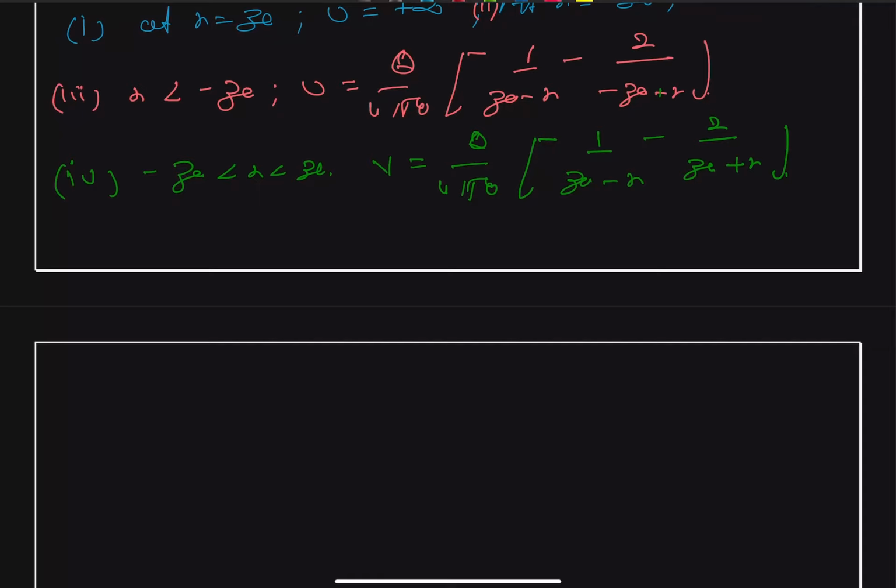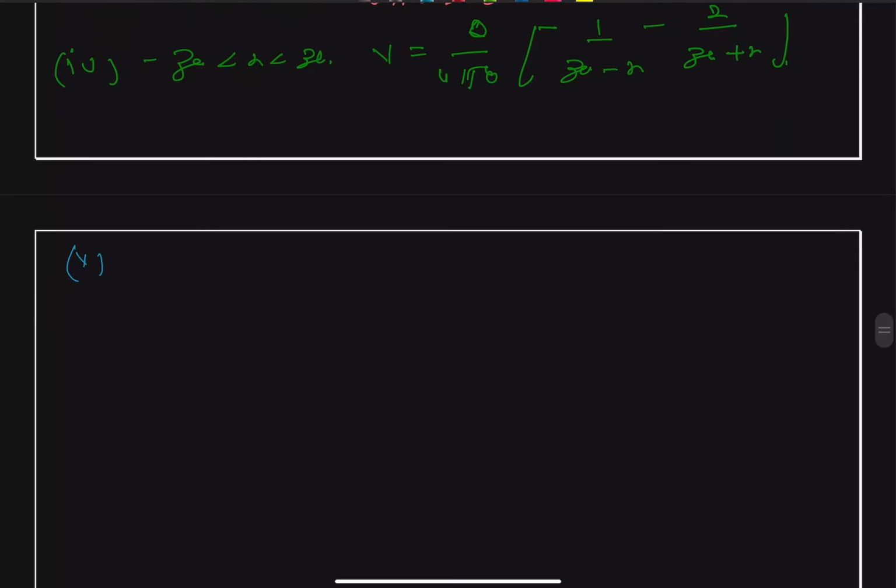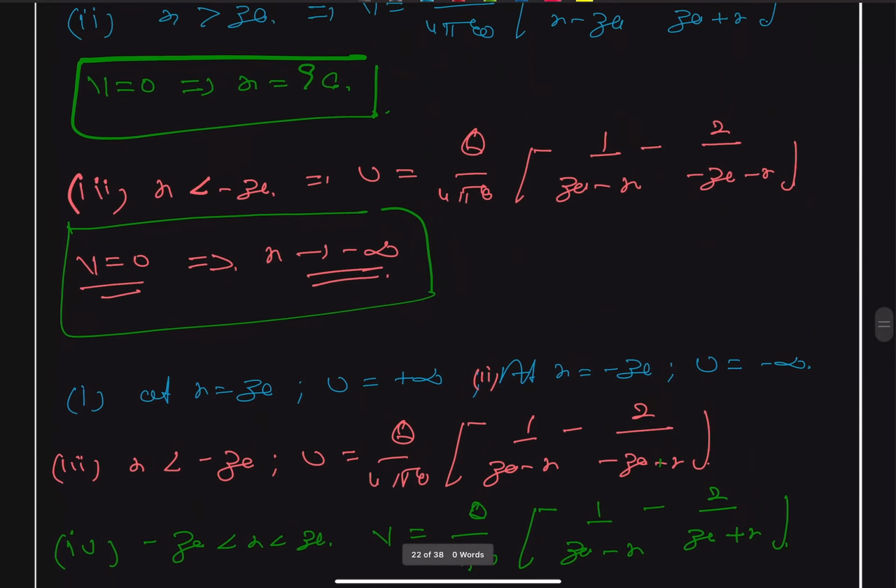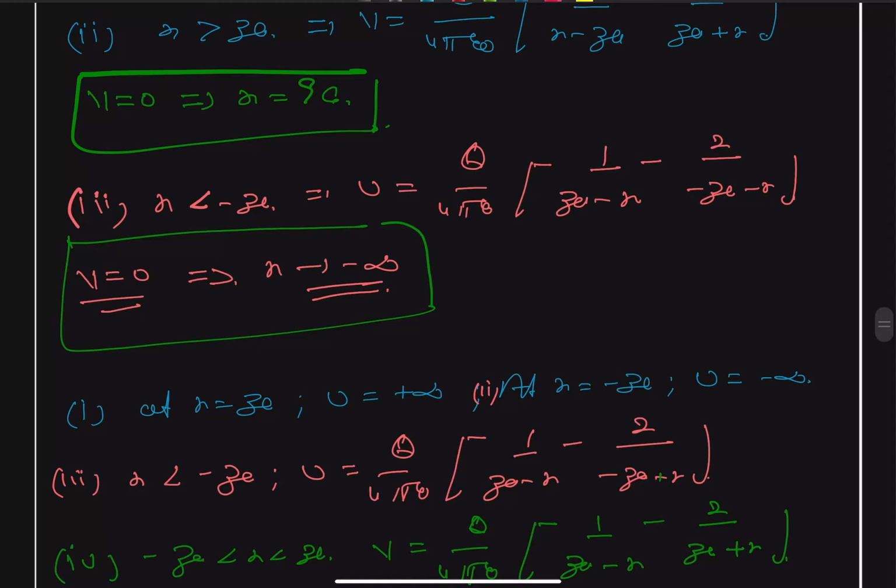This was our fourth one. And finally the fifth one, for x greater than 3a, V is equal to Q upon 4 pi epsilon naught times 1 upon x minus 3a minus 2 upon 3a plus x. We also found out that the potential on the x-axis will be 0 when x is equal to a and x is equal to 9a.